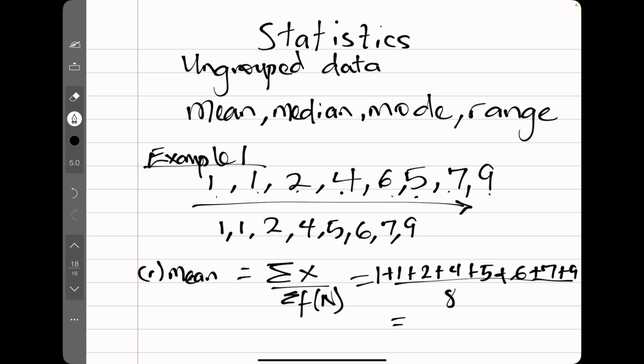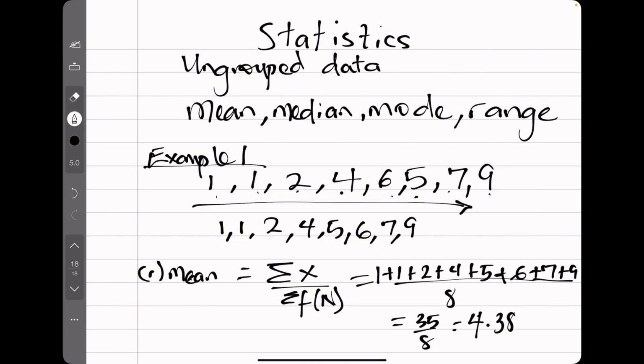So this is 35 over 8, which is 4.38. It's best to leave your answer in 2 decimal places.